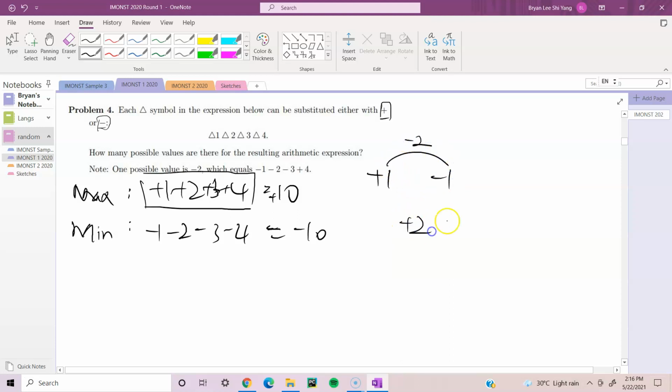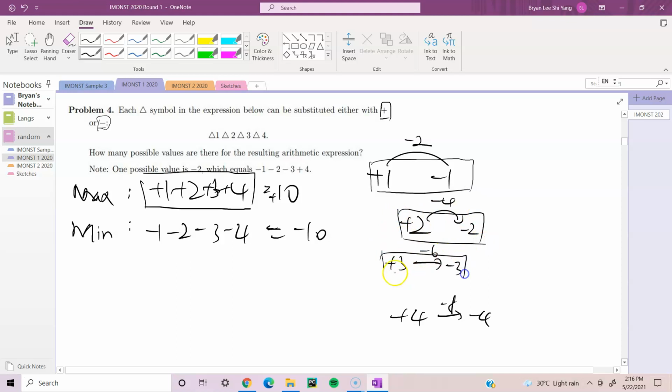Likewise, if I change the positive 2 to a negative 2, the value changes by 4. Then plus 3 to minus 3, we will have a change of 6, and plus 4 becoming minus 4 will change by 8. So we could do operations of minus 2, minus 4, minus 6, and minus 8.